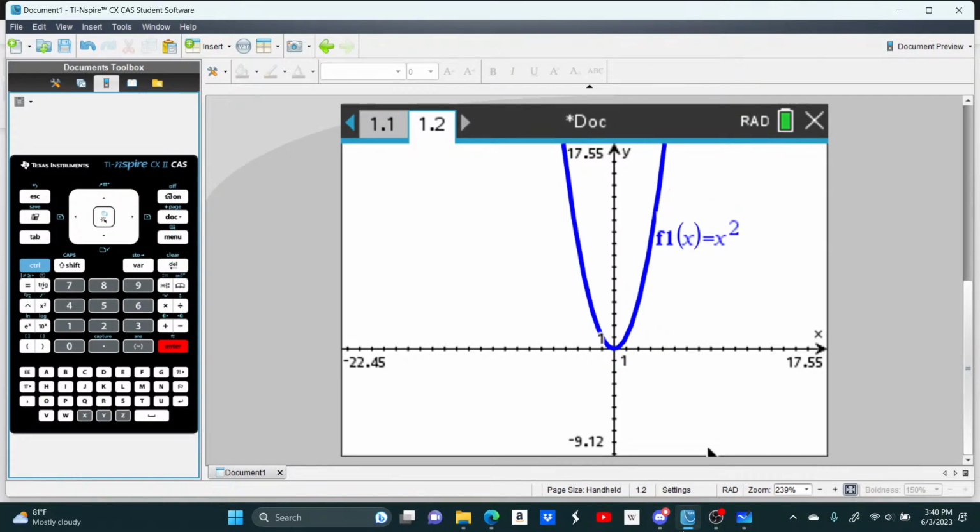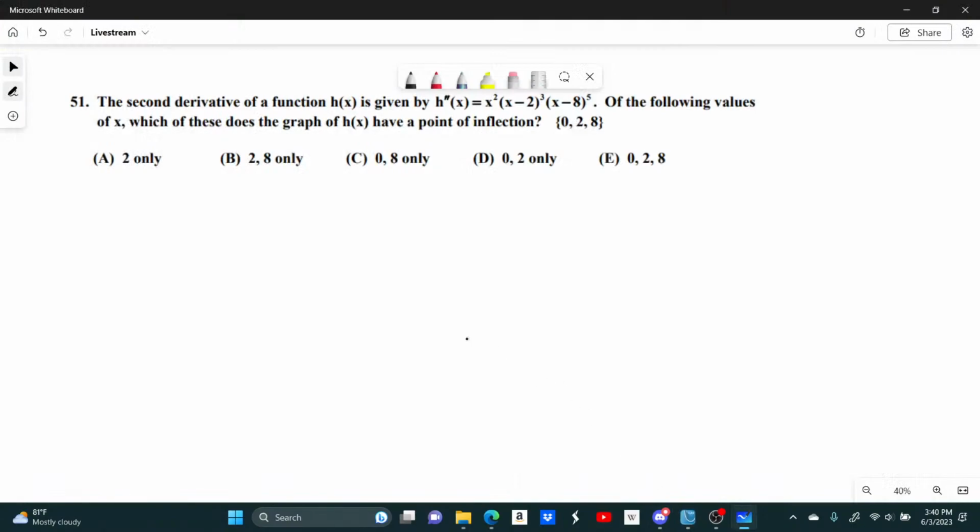And so yes, I have a point of 0 concavity, but it's not a point of inflection because I'm still remaining positive. So you can imagine that if you plug in a negative number and a positive number into something with an even power, it's going to stay the same side. It's going to stay positive. You plug it in with an odd power, right?